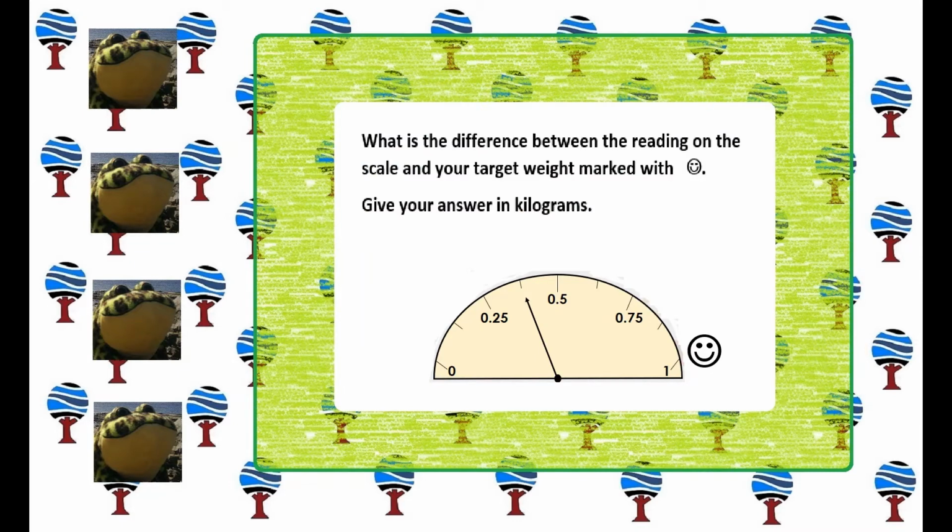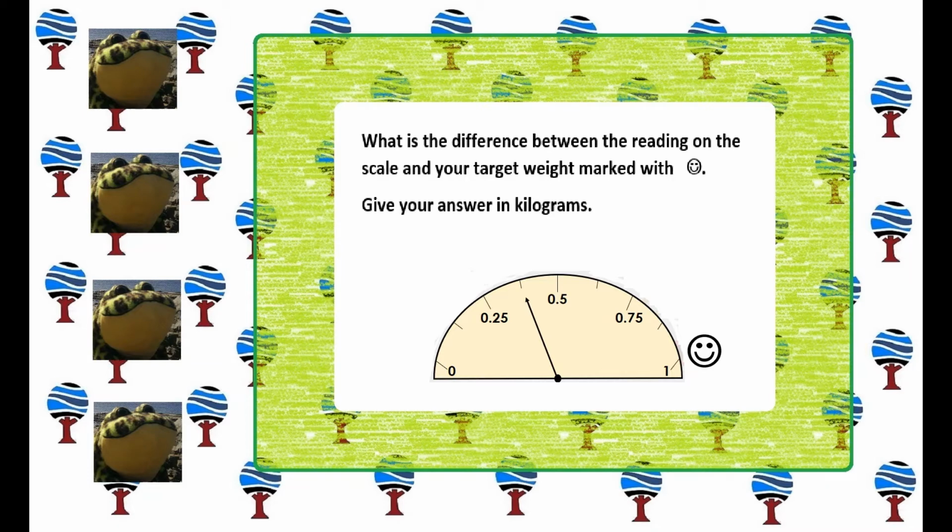Okay, the next question is using decimals as part of a scale. So we have got a scale that's measuring in kilograms, but they are decimals. So we've got 0.25, 0.5, 0.75 and 1 kilogram marked on the scale. The question is, what is the difference between the reading on the scale and your target weight marked with the smiley face?